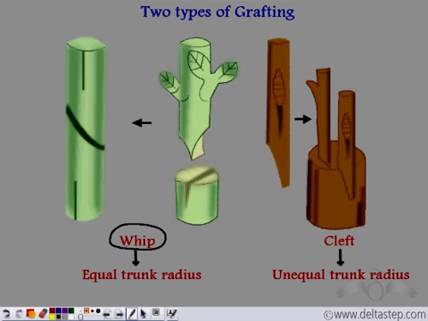And another type of grafting where the radius of the scion is much smaller than the radius of the stalk. So there is unequal trunk radius, and this type of grafting is known as cleft grafting.